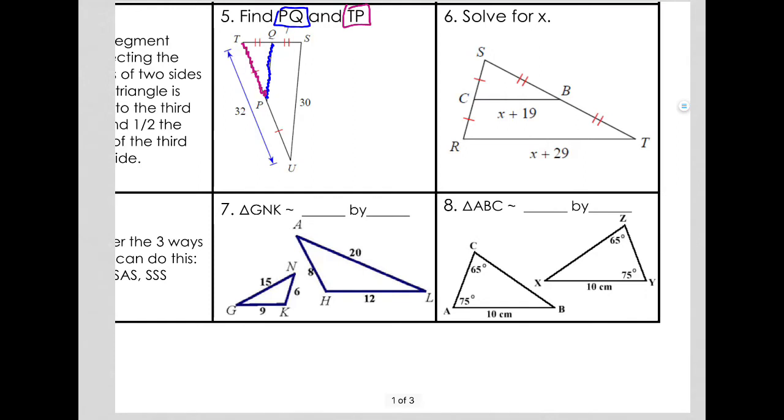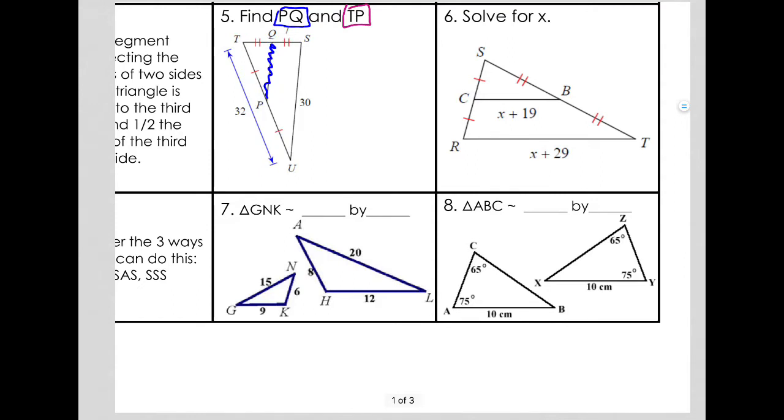First of all, if you look at the side tick marks, these two and these two are congruent, and those markings tell us that these two pieces are congruent. So basically what's happening here is the middle line that you see here is splitting this side and this side in half. Therefore we have what we call a mid-segment.